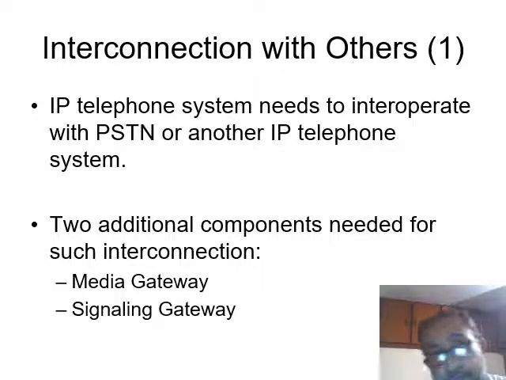For example, the basic type is G.711, and afterwards it would be converted into the IP format, which means that chunks of this bit stream would be placed in the payload part of our IP packets.